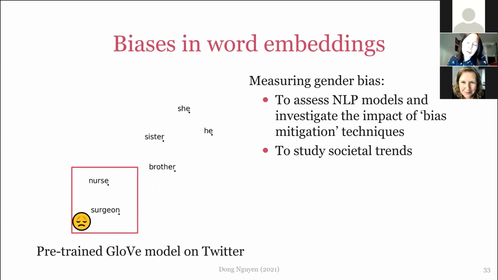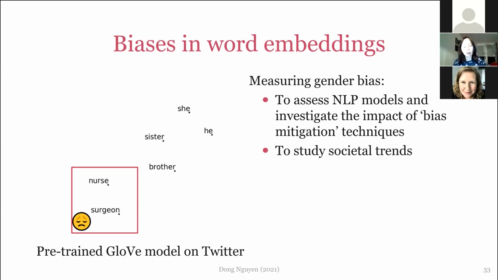So there's been a lot of research on how to measure biases in word embeddings, and particularly gender bias. And this is to assess the current NLP models, and also to investigate methods that try to reduce the bias.